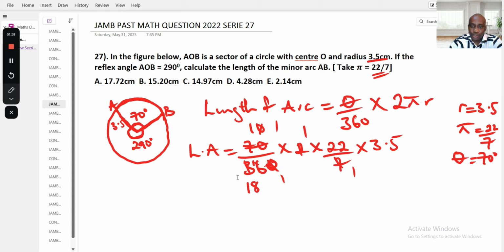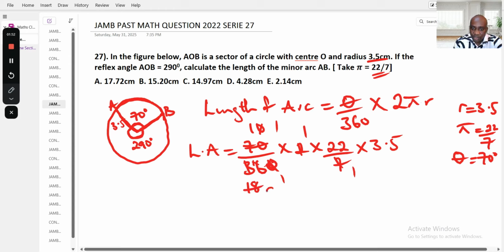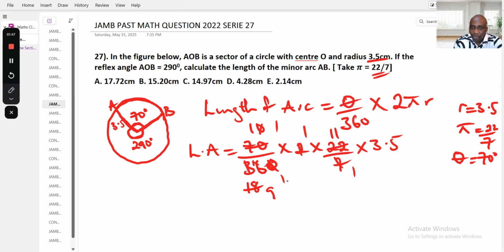Yes, what can we use to divide this again? We can still use 2. How many 2 can we see in 18? 9. How many 2 can we see in 22? 11. What do we have left now? Only 11 multiplied by 3.5 divided by 9. Therefore, LA, the length of arc, is 11 multiplied by 3.5 divided by 9.